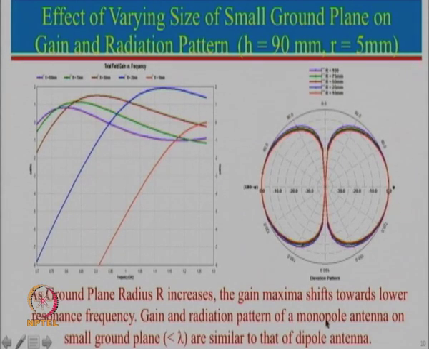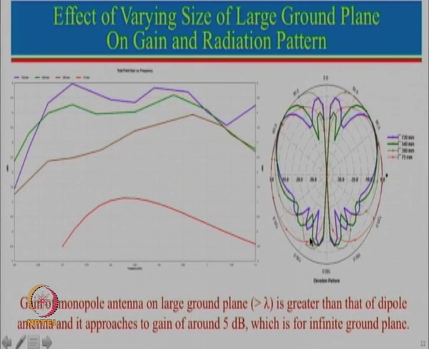But if we take a larger ground plane size, now things change. Here we have plotted the cases where the ground plane is larger than lambda, but just for comparison I have also taken a relatively smaller ground plane.